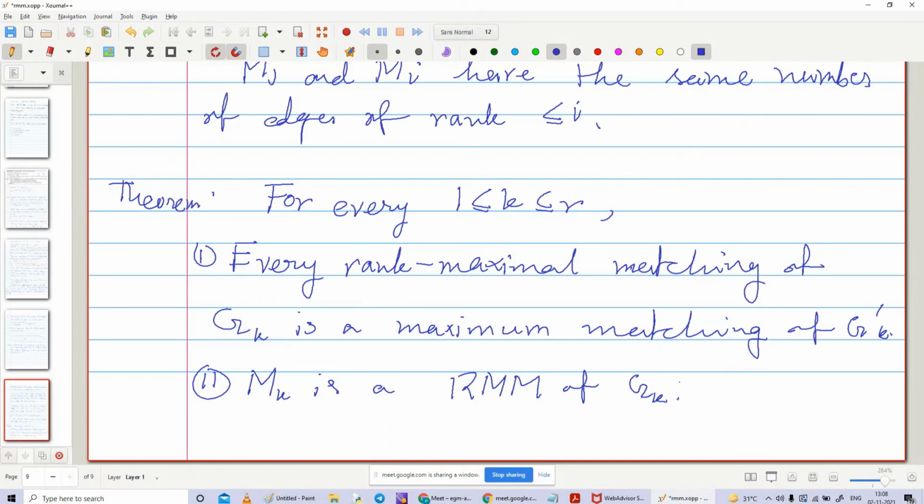Yeah. MK is the maximum matching of G prime K that we have seen before. It comes from our algorithm.